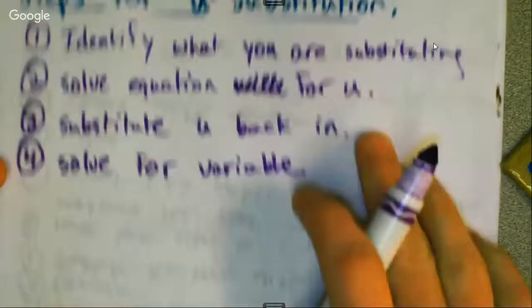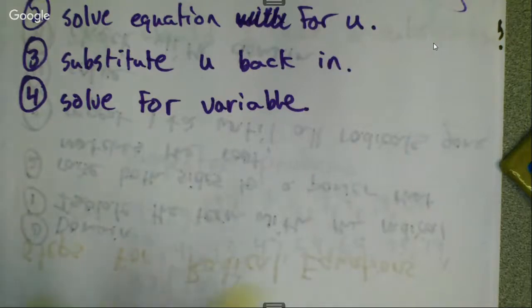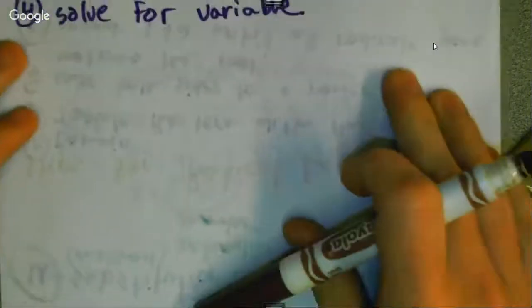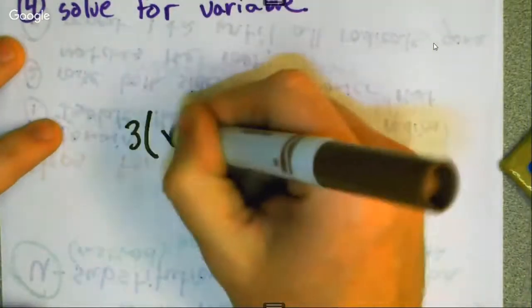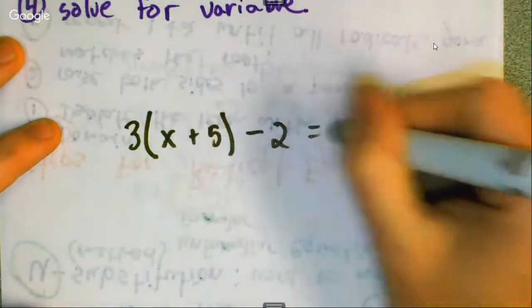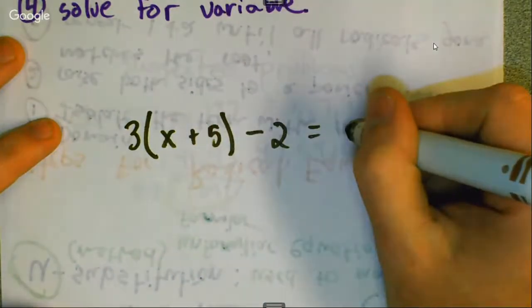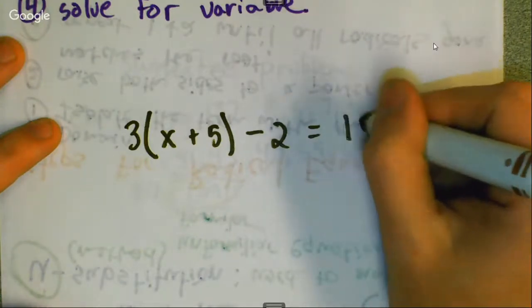Okay, so let me do a very basic equation here with u substitution. Okay, I'm just going to make something up here. So let's say I have 3 times x plus 5, minus 2 equals 10.